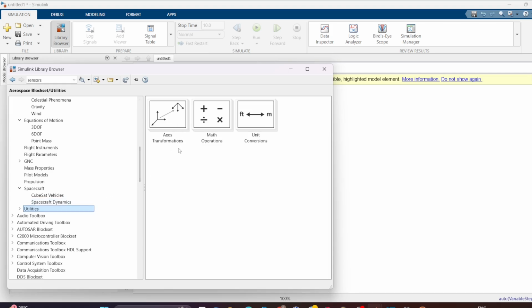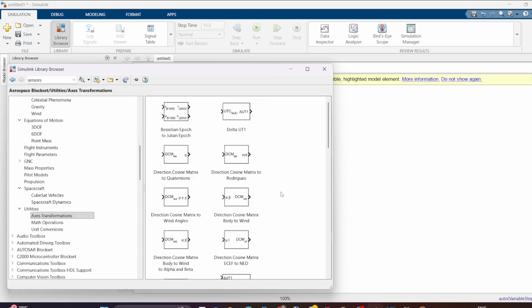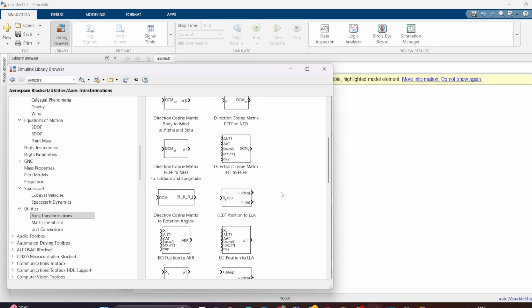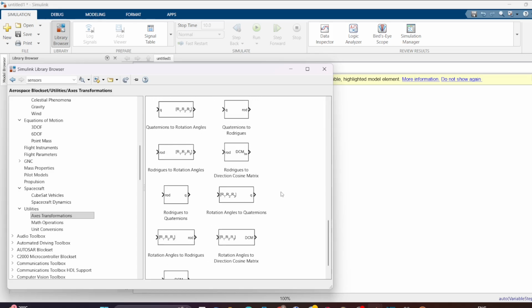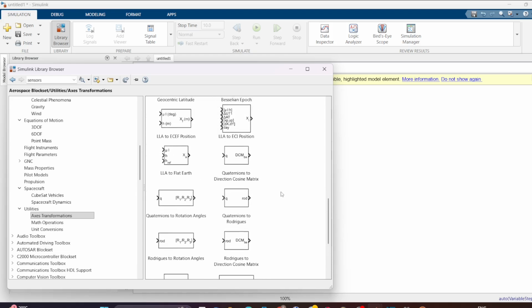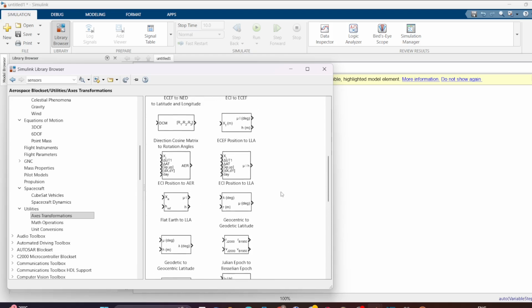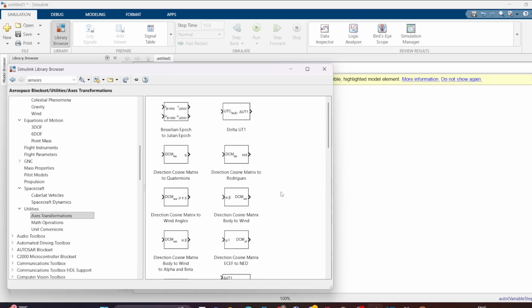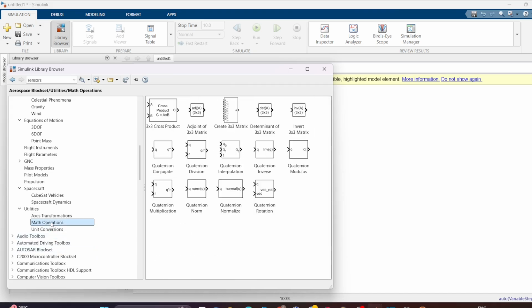Then utilities. Here we have axis transformations, math operations, and unit conversions. Double click on axis transformations. Here you can see that there are several blocks. You can see them by pausing the video. Then we have math operations.